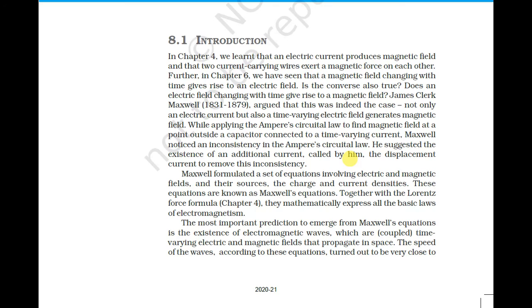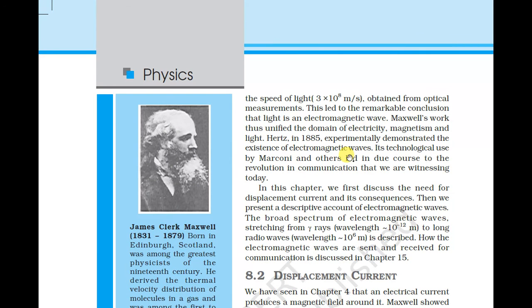The speed of these waves, according to the equations, turns out to be very close to the speed of light, 3 into 10 raised to 8 meters per second, obtained from optical measurement. This leads to the remarkable conclusion that light is an electromagnetic wave. Maxwell's work thus unified the domains of electricity, magnetism and light.